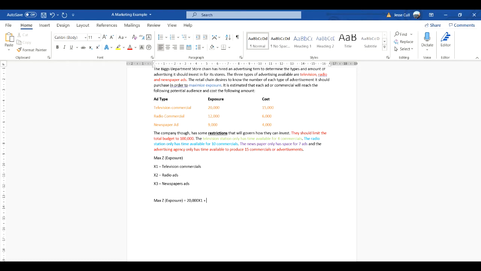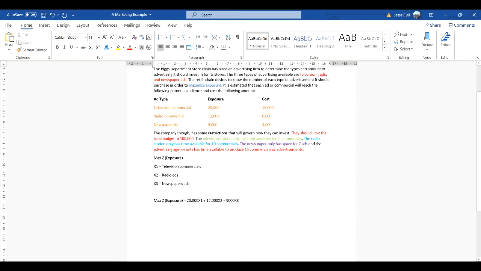plus 12,000 x2 plus 9,000 x3. These numbers are found here in terms of exposure. This information was given to us. In our investment situation, this was return on investment rates.